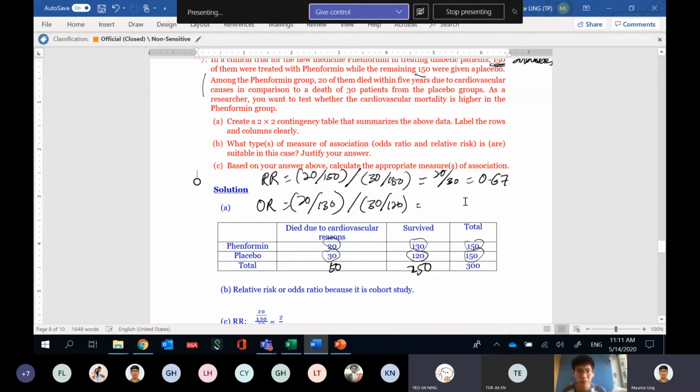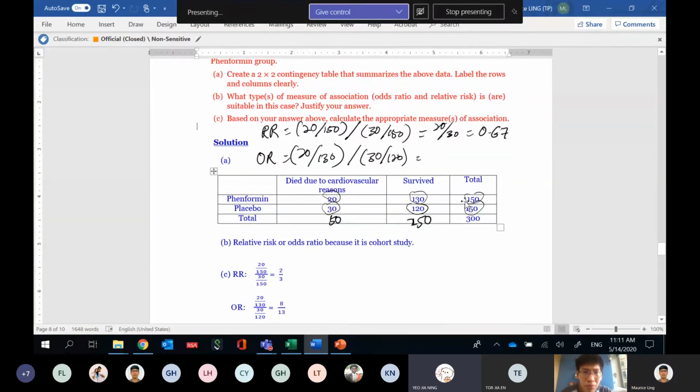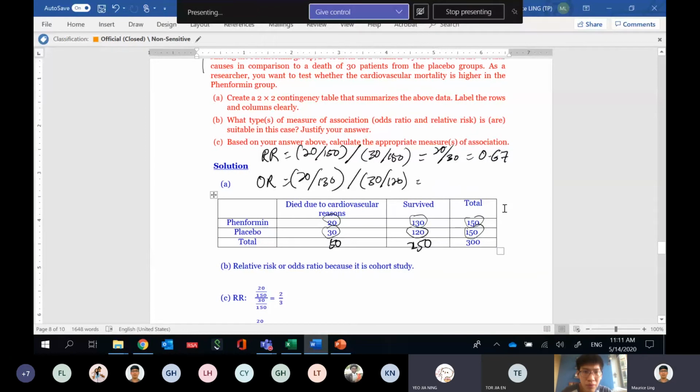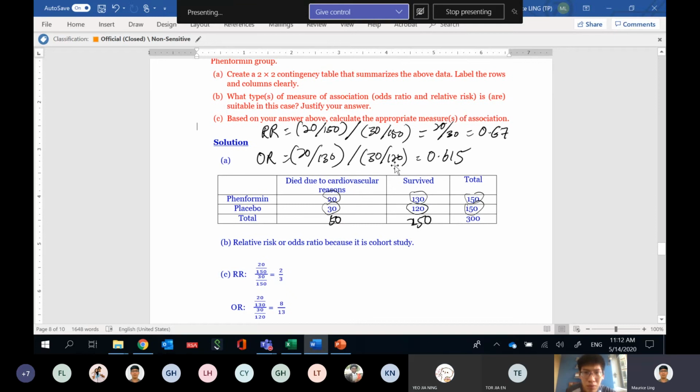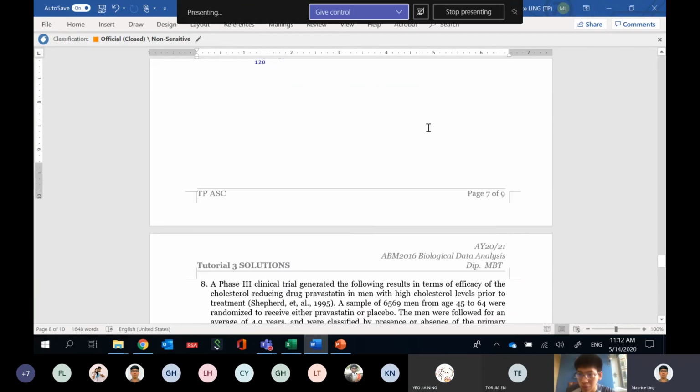So what will be the answer? 0.615. Right. So I think just now you were giving me the odds ratio rather than relative risk.